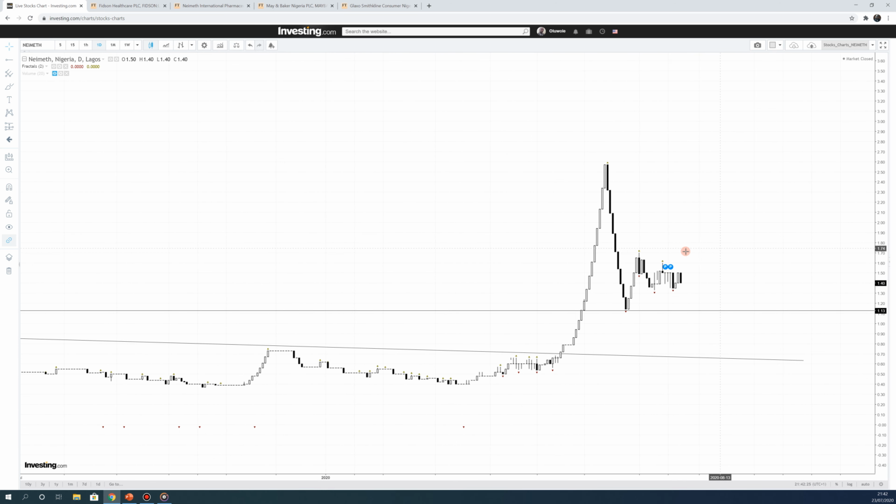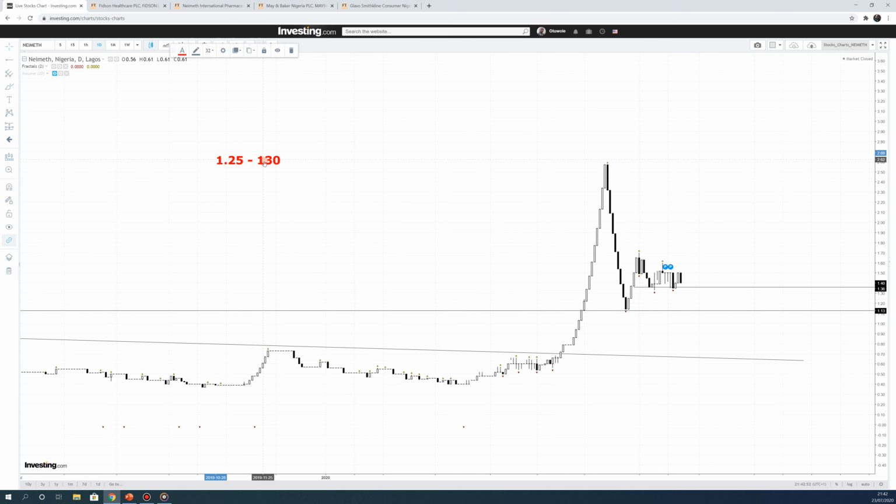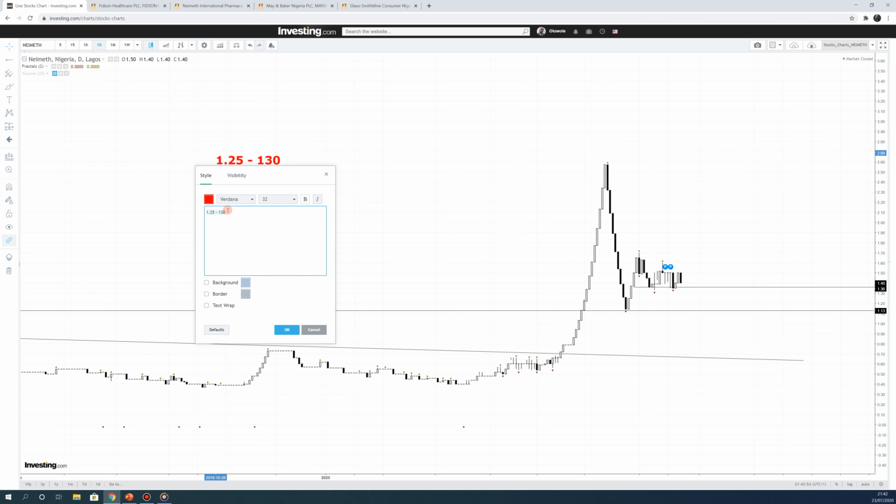On the daily, the support is between 126. Okay, that's what we say, 125. So this one might be for 125 to 130. 1 naira 30 kobo.